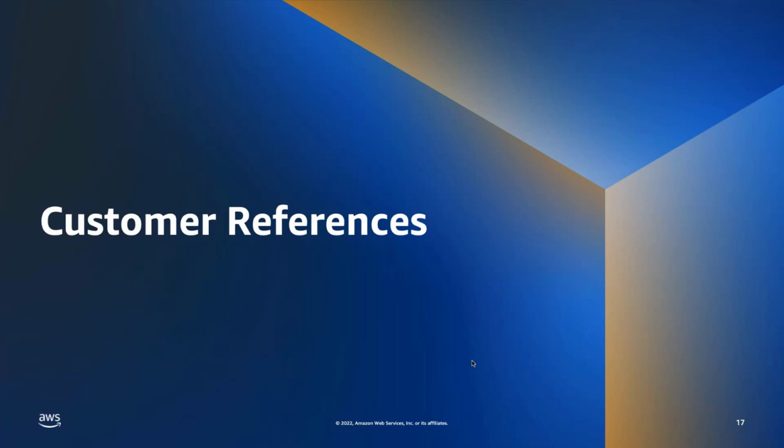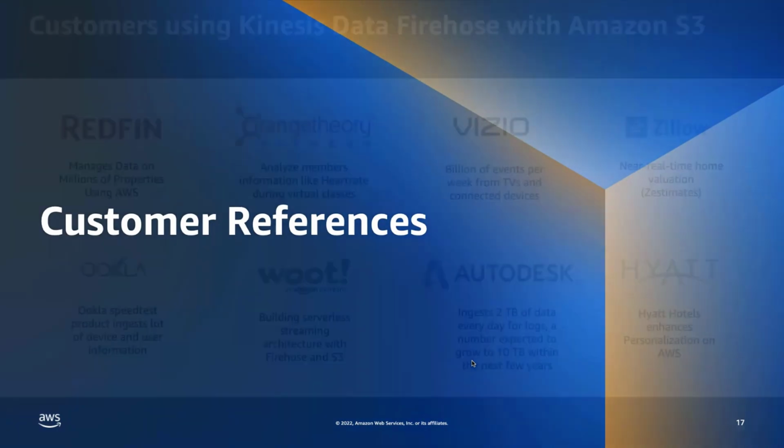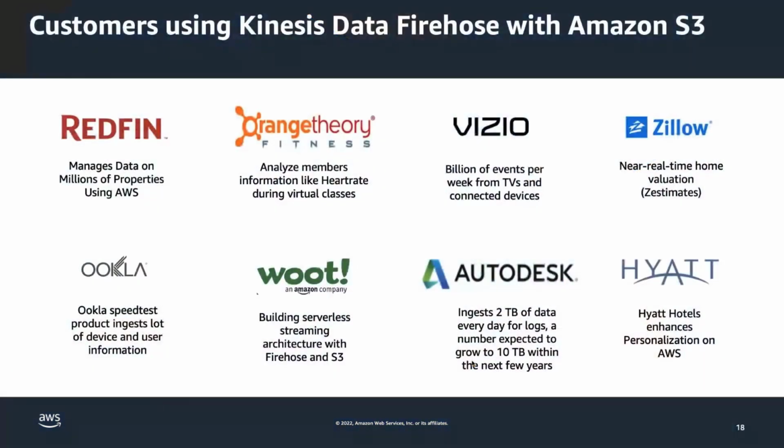Okay, so for customers who have used this solution before, you will find that we actually have customers from almost all industries. You will find Autodesk, Hyatt, Zillow, Okta. This is just a small set, but there are thousands of customers who are using Firehose and S3 today.